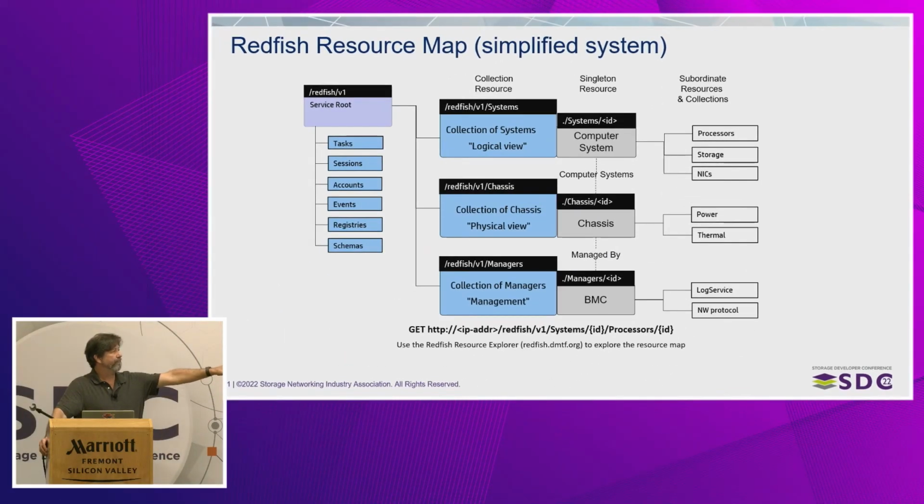And so that's that physical sheet metal kind of view, and then the system view is the data plane kind of view. Look, I've got a system, and there's the things it can see under its data plane: the processors, the memory, the storage, the NICs, those kinds of things that it can access on the data plane. So if you want to think about it, systems is the data plane view, chassis is the sheet metal view, and managers is the management plane view of it.